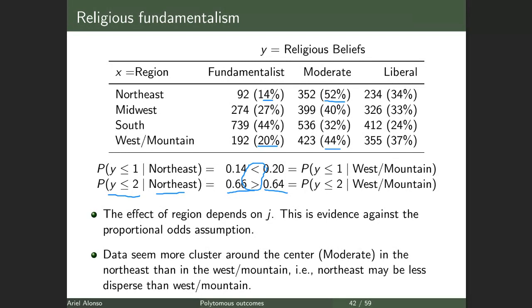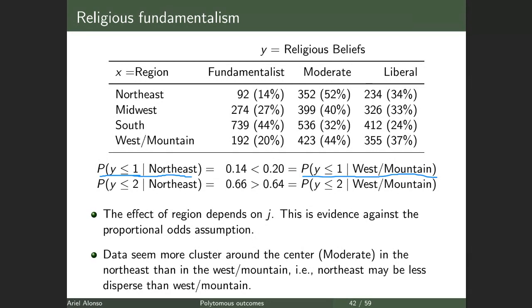You see? So what that means is that probably the effect of region depends on J. Because when J is 1, this probability is smaller in Northwest than in West Mountain. But when J is equal to 2, then the relationship reverses.